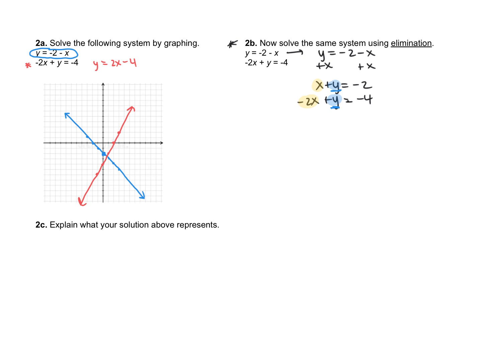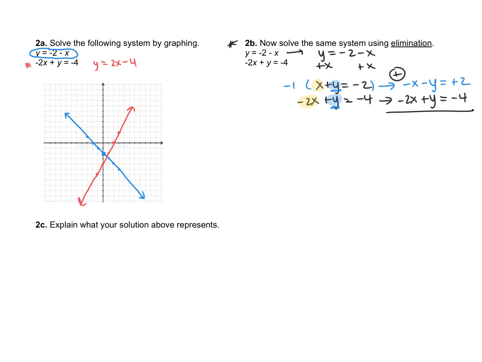So if I take this top equation and multiply it by -1, that will give me -x subtract y equals +2. The second equation, I just keep the same, so that is my -2x add y is equal to -4. The whole reason I've done that is that now when I add these together, the hope is that one of the variables will drop out.